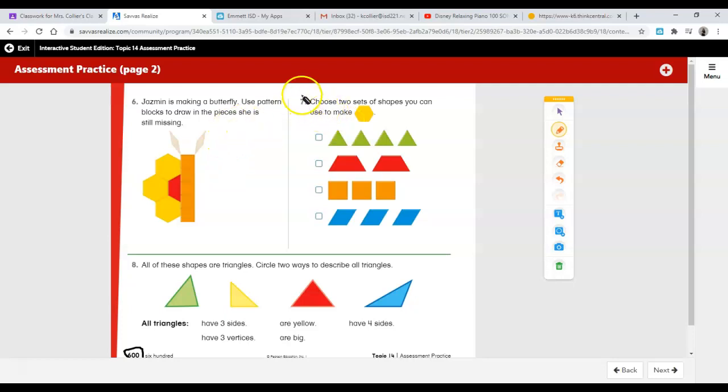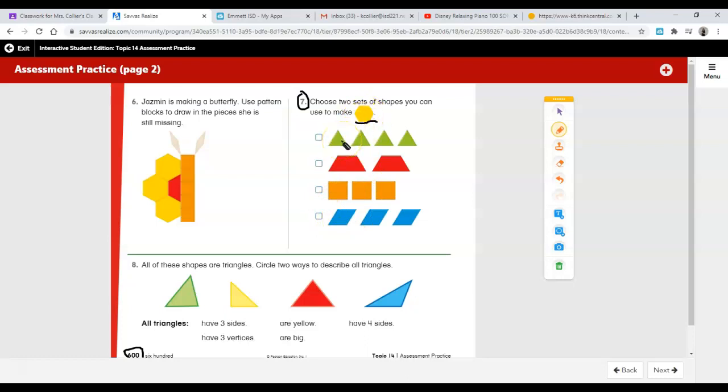Number 7, up at the top, says choose 2 sets of shapes that you can use to make this is a hexagon. So what this is saying, in each of these answer choices, which ones can you put all together to make a hexagon?